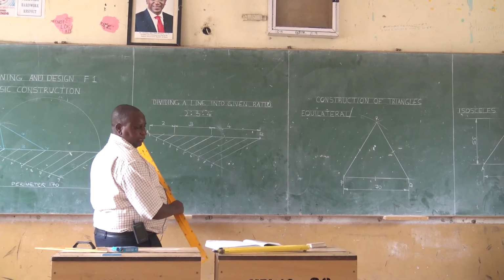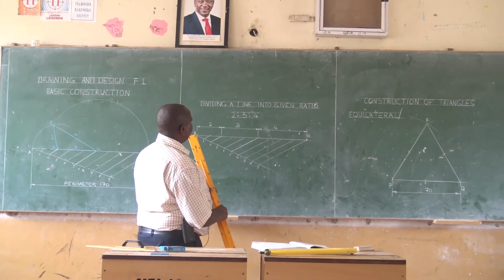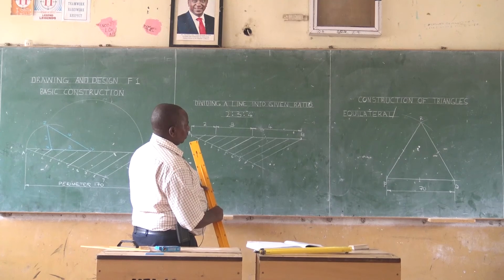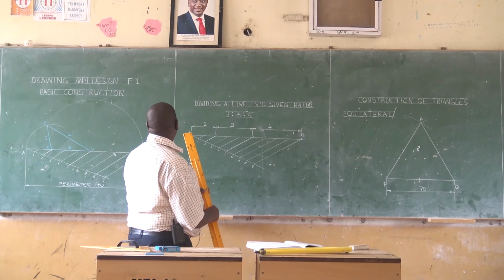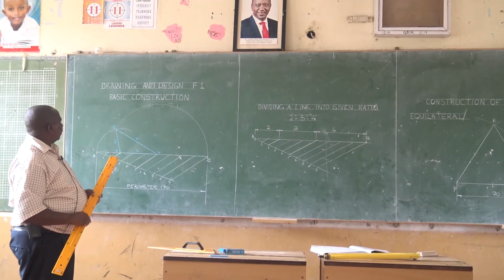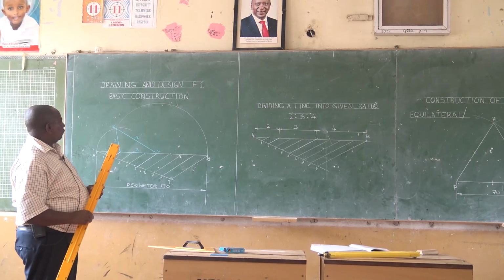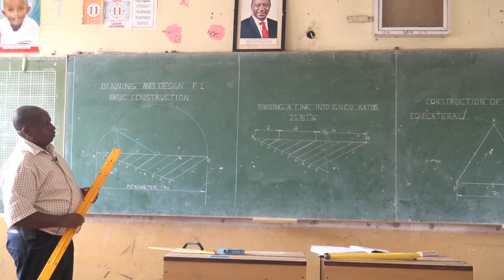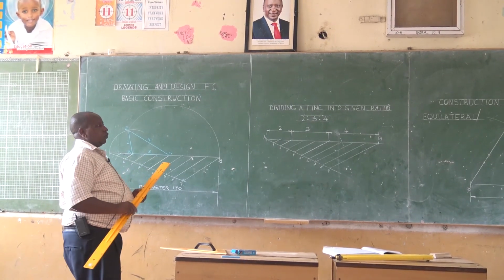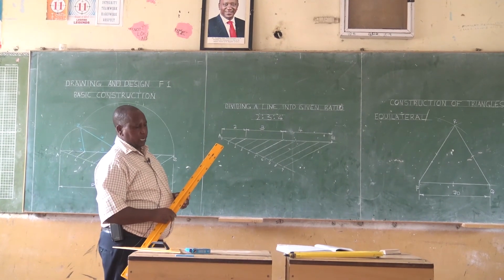We have also learned how to divide that line into a given ratio of parts. We have drawn a triangle given the perimeter and also the ratio of the sides. We have learned how to construct both the equilateral triangle and isosceles triangle.